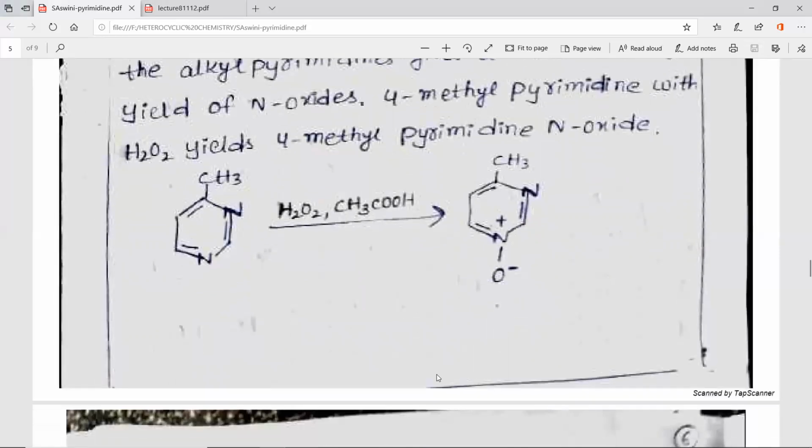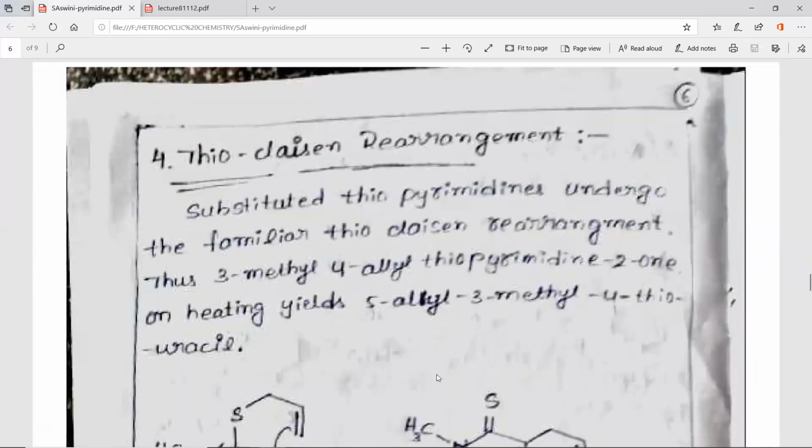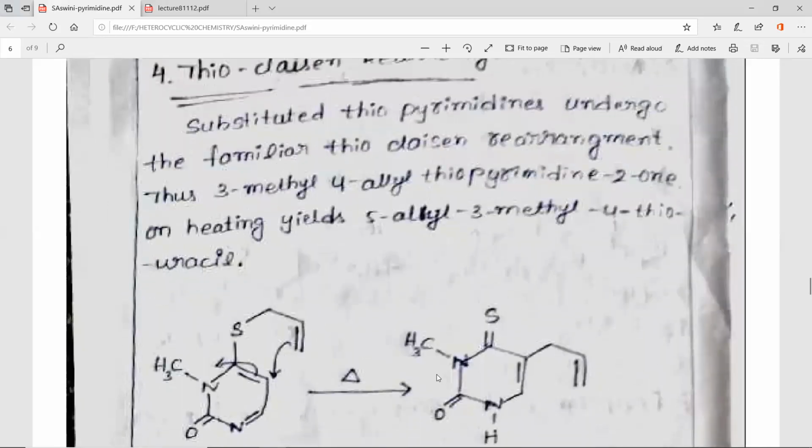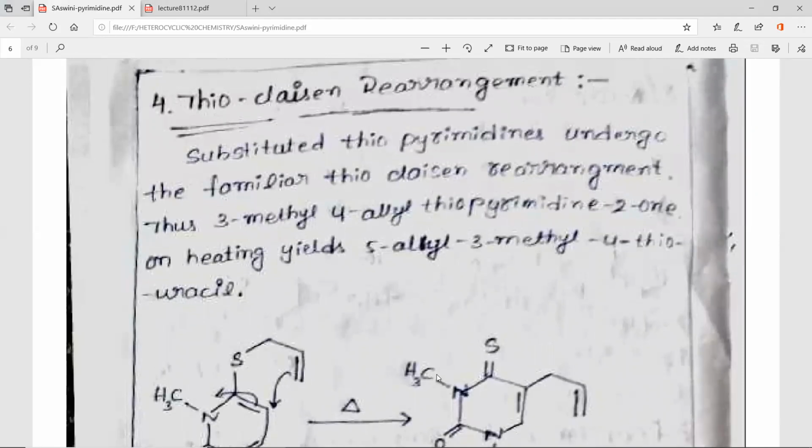So thio-Claisen rearrangement. This is another reaction, the thio-Claisen rearrangement. So substituted thiopyridines undergo the familiar thio-Claisen rearrangement.